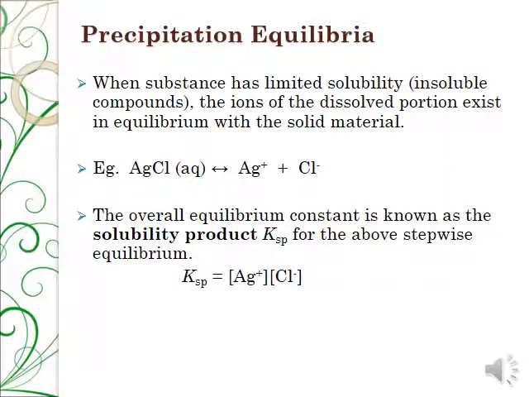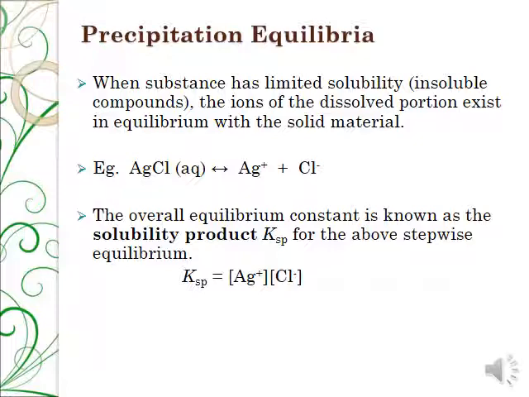Next, we move on to precipitation equilibria. When a substance has limited solubility, meaning we can say it's an insoluble compound, the ions of the dissolved portion will exist in equilibrium with the solid material.